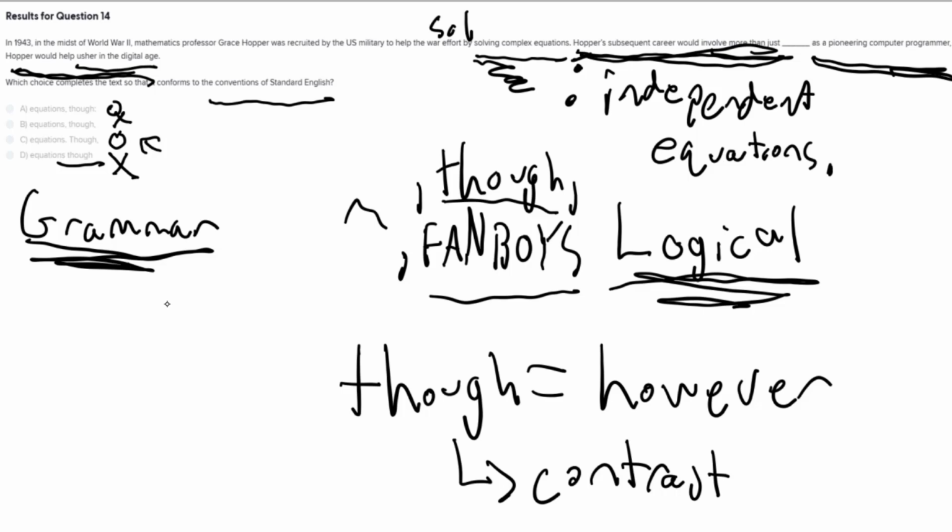I disagree, because this is basically an example of her career involving more than just equations. She's now a computer programmer. So it's not really contrast. It's more like in addition, or related. That's why it's an illogical comparison here. So we can mark C as wrong, and thus A would be the correct answer. We could circle that and then move on.